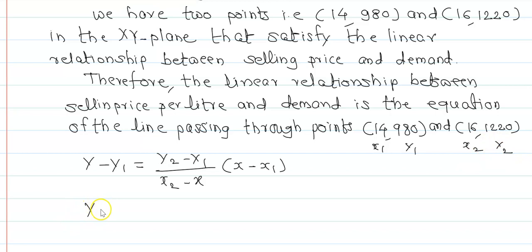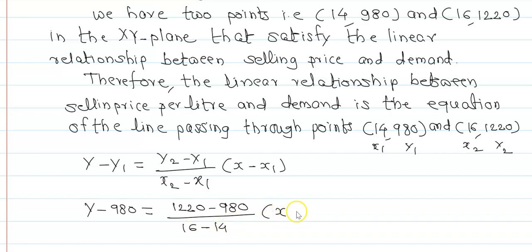Substitute the values: y minus y1, 980, y2 minus y1 that is 1220 minus 980, upon x2 minus x1 that is 16 minus 14, in bracket x minus x1, which is 14.